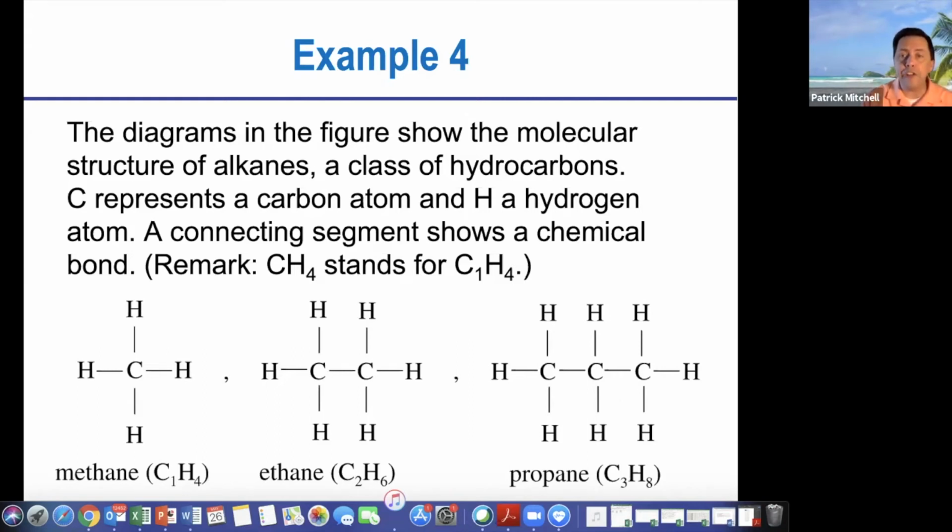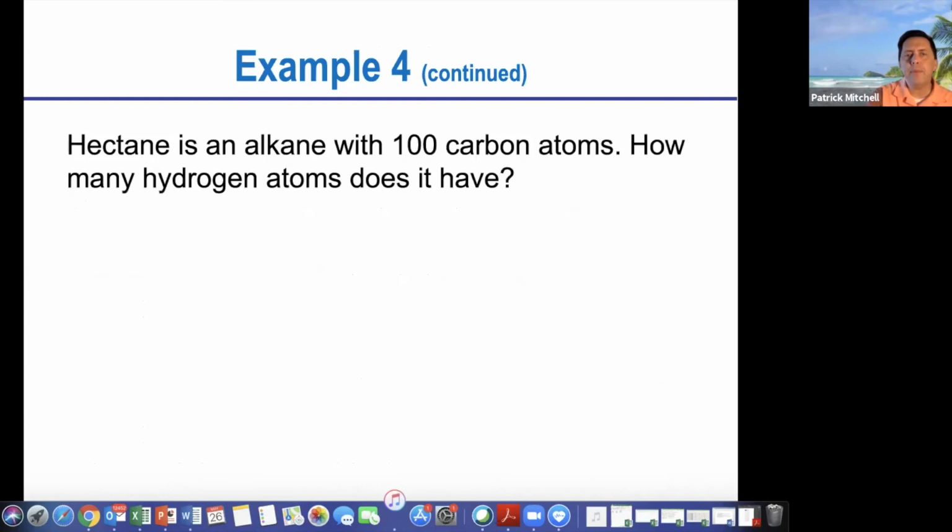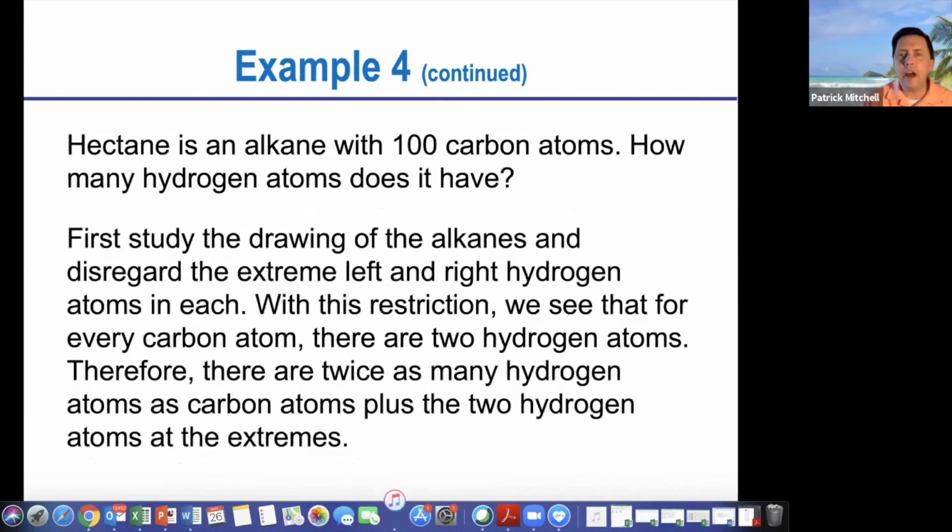The number of hydrogen atoms directly above and below the carbon is 2 times the number of carbon. And then, with this restriction, we see that for every carbon atom, there are 2 hydrogen atoms. Therefore, there are twice as many hydrogen atoms as carbon atoms, plus the 2 hydrogen atoms at the extremes.